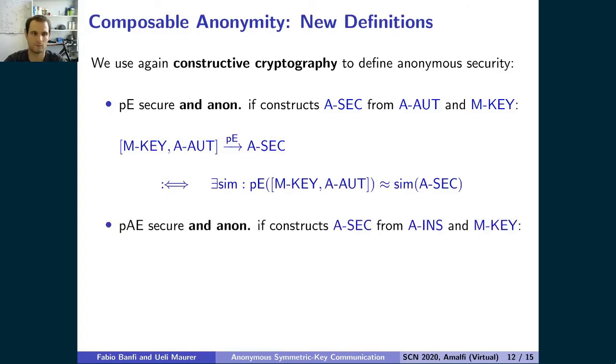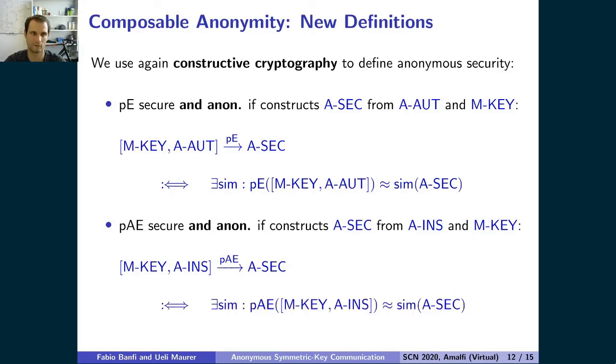And also we define secure composable anonymity of PAE by stating that a PAE scheme is secure and anonymous if it constructs the anonymous secure channel from the anonymous insecure channel and the multi-key resource. Again, formally defined as follows.